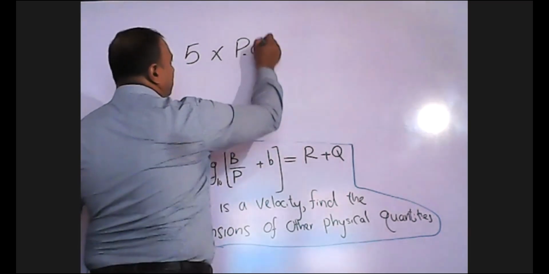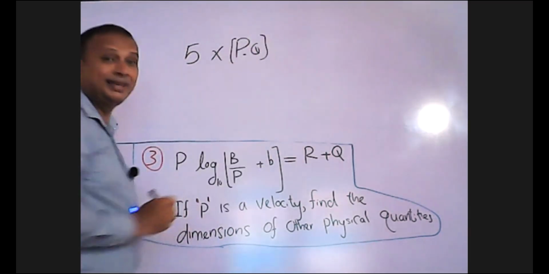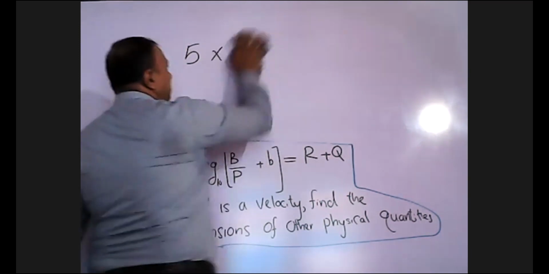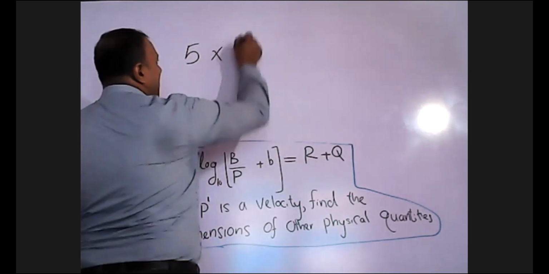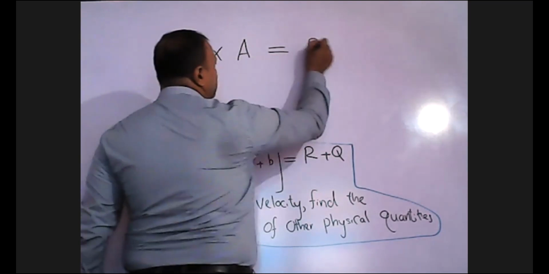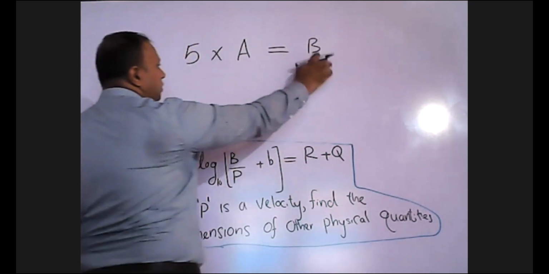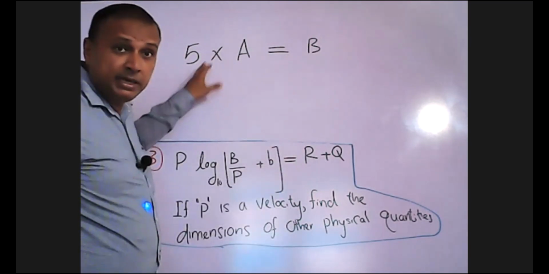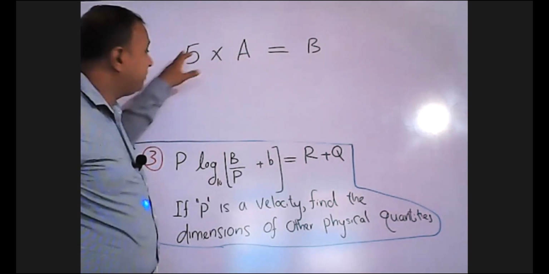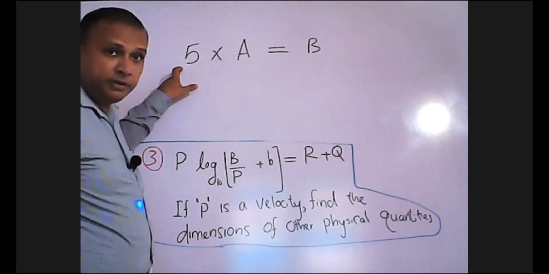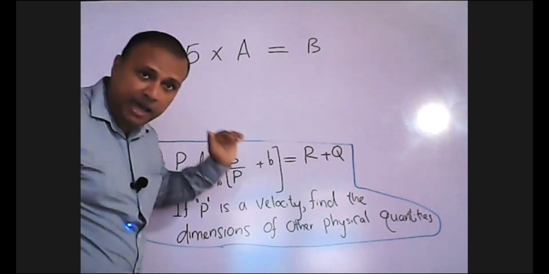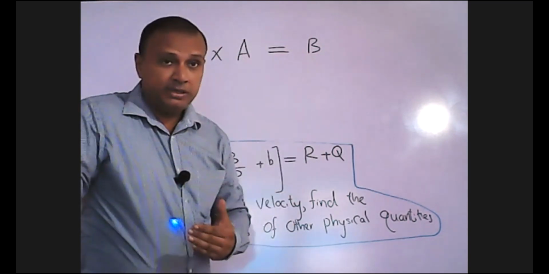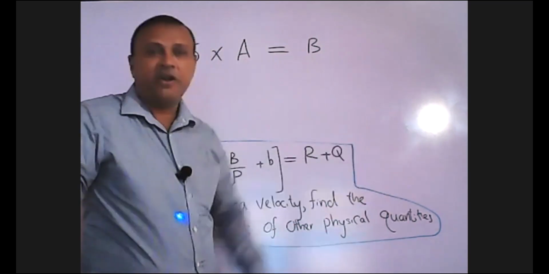Suppose the physical quantity is A, and 5 into A is equal to B. Now my objective is finding the dimension of B.